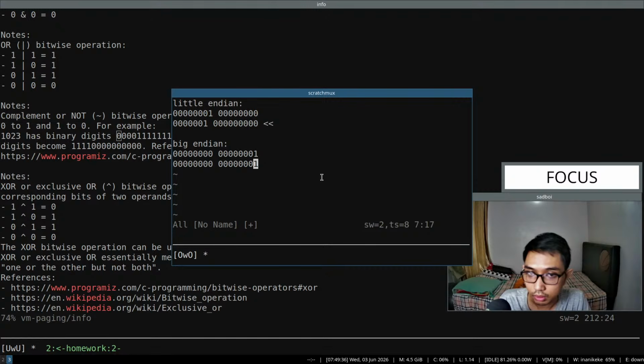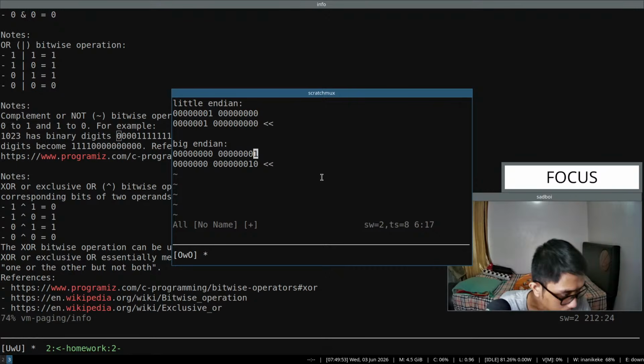Yeah, left shift. This is also left shift. Wait, not that. Okay. The address is different, right?